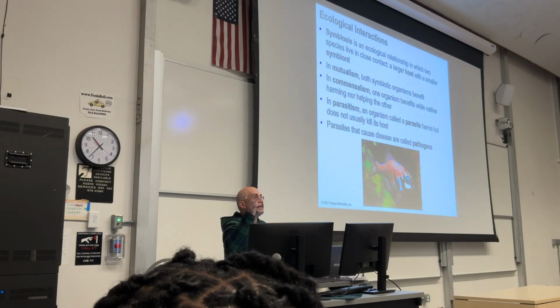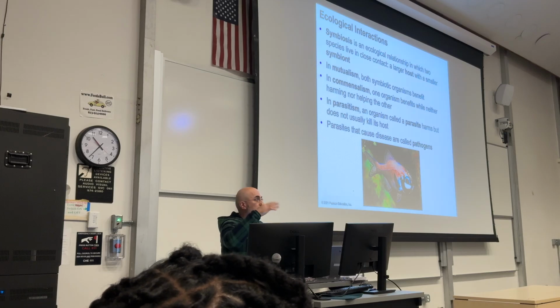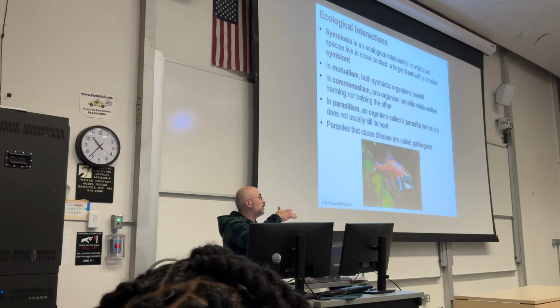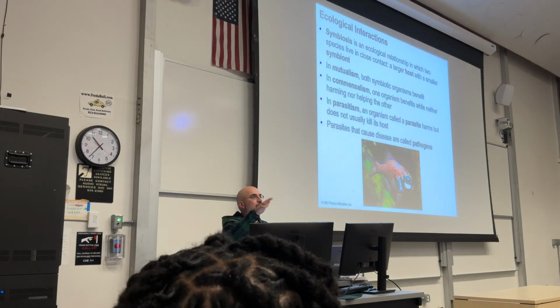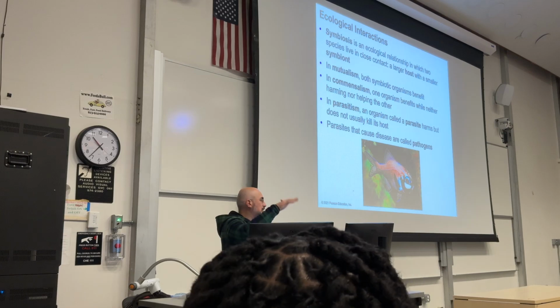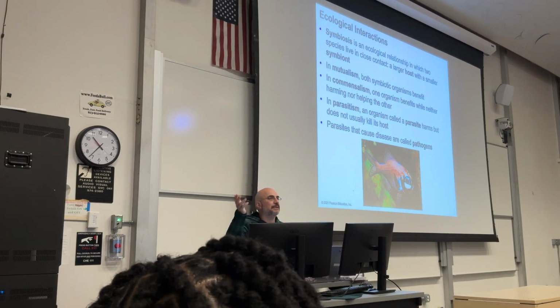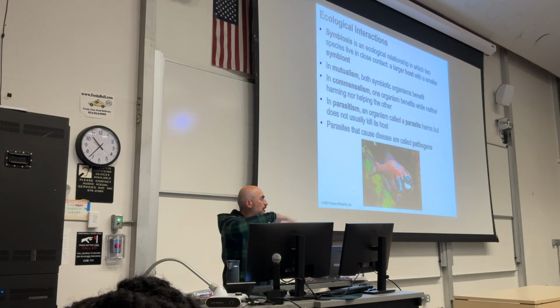Famous ones: mutualism, that is benefit for the organisms interacting with each other. We have commensalism, where one organism gets a benefit and the other doesn't get any benefit or damage. And then parasitism, where one gets a benefit and the other gets damage, okay? So those are the general types of symbiosis.